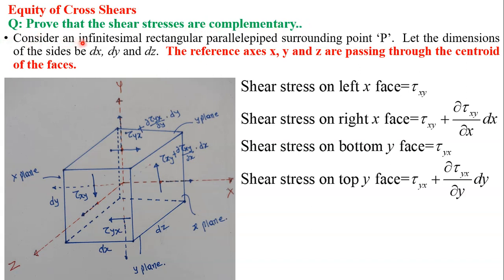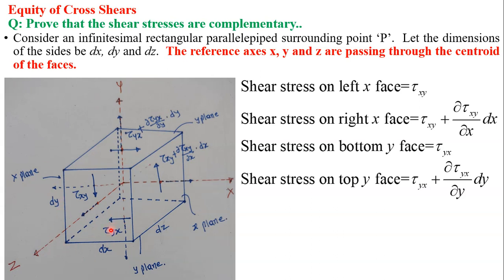Now consider an infinitesimal rectangular parallelepiped surrounding point P. So this origin is point P. Let the dimensions of the sides be dx, dy and dz. We have already discussed it.